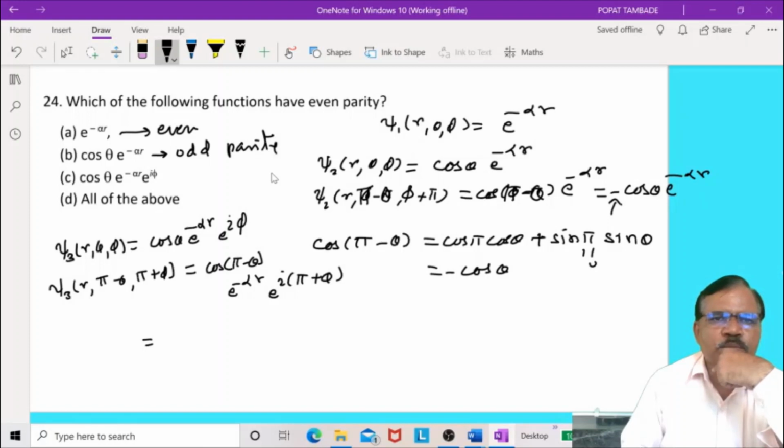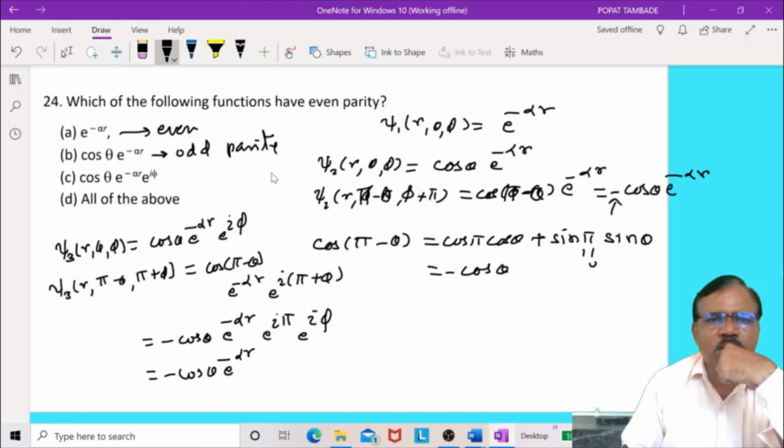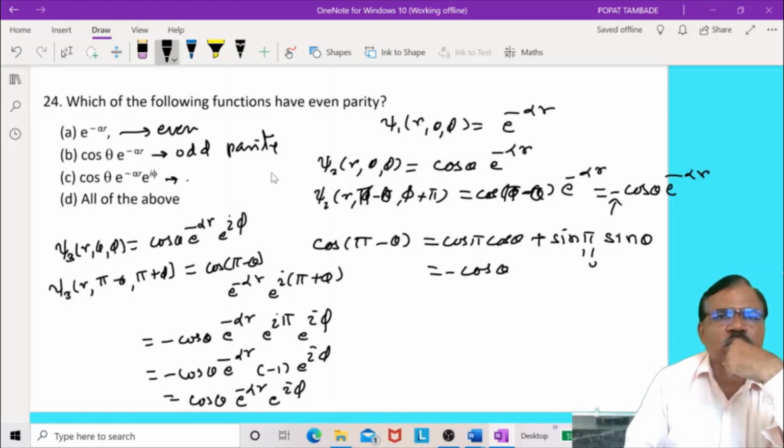So we know cos of pi minus theta is minus cos theta, e raised to minus alpha r as it is, and we can write e raised to i pi into e raised to i phi. So we get minus cos theta e raised to minus alpha r e raised to i pi, where e raised to i pi is minus 1, because this is cos pi plus i sin pi. So we get cos theta e raised to minus alpha r into e raised to i phi. So there is no change in sign. So this function also has even parity.